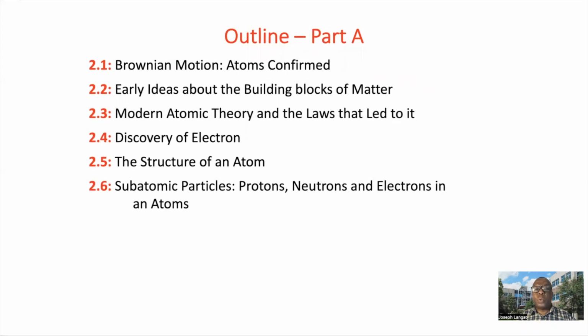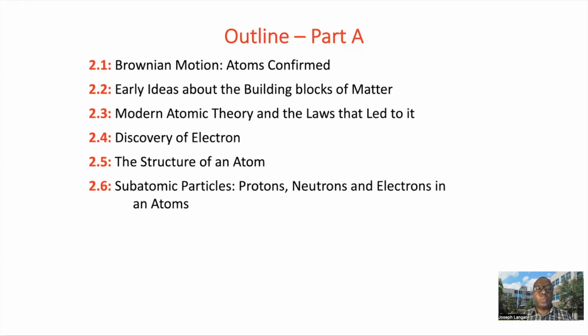There are three laws which I know you are familiar with: the law of mass conservation, which you may have covered in Introduction to Chemistry. We will look at the law of multiple proportions and the law of definite composition. In section 2.4, we will look at how the electron was discovered, the structure of an atom.